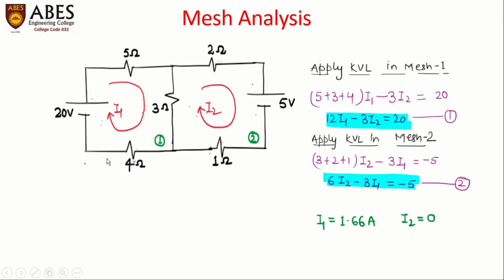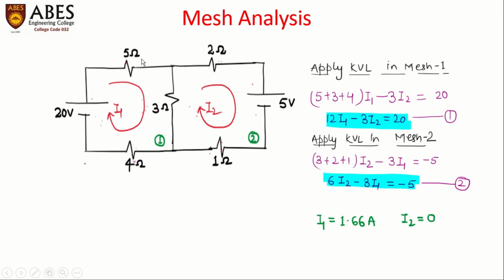Now the sum of these resistances would be multiplied by the current I1. I1 is the current that is assigned in the mesh 1. After that, we will find the resistance of this mesh that is common to the other mesh.